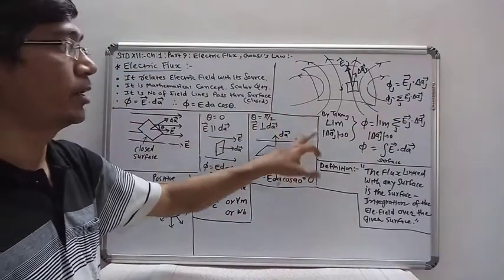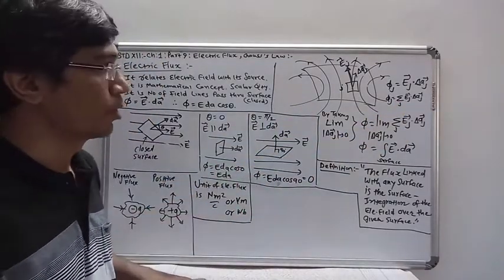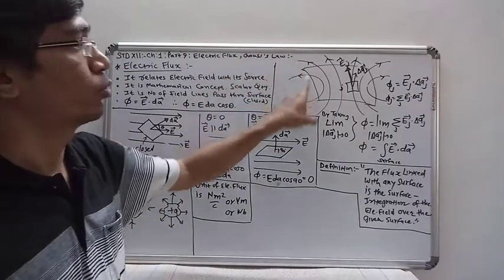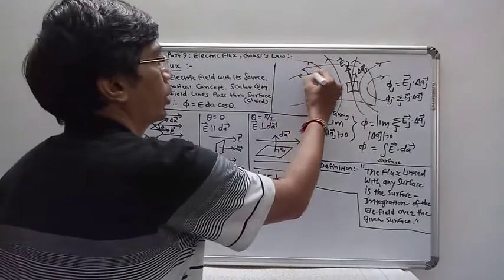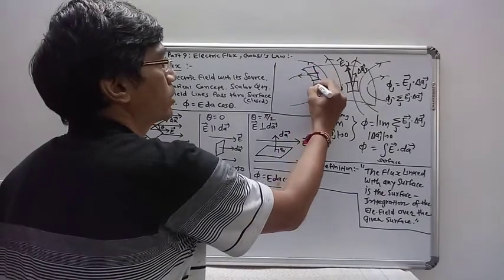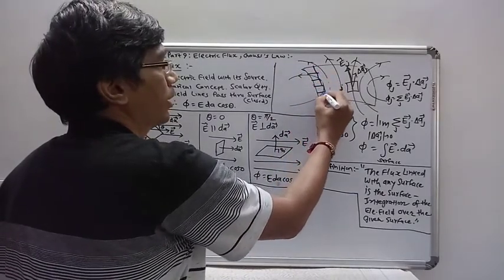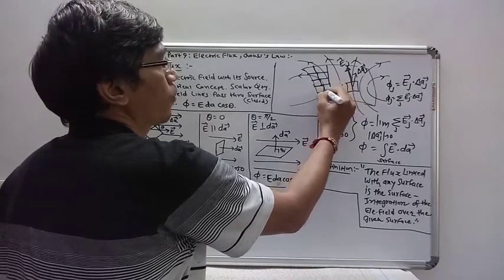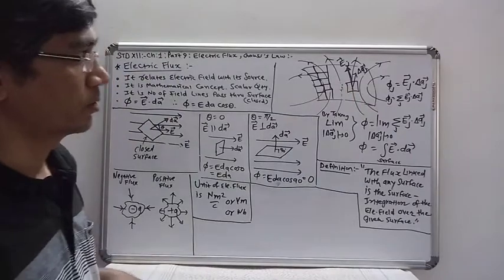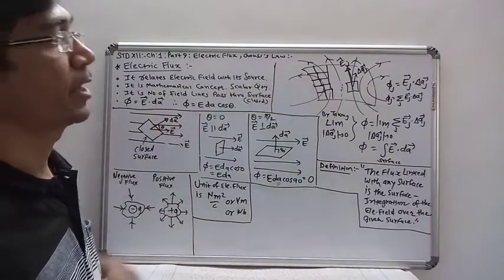By taking the limit delta Aj tends to 0, we get the total flux over this surface. That means we calculate the flux for all the small areas and take the summation of all these fluxes.